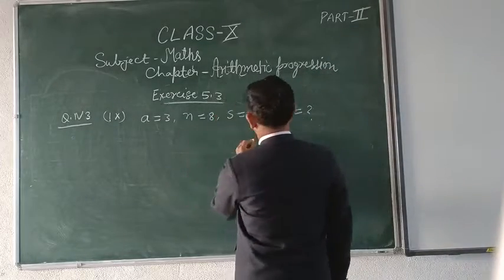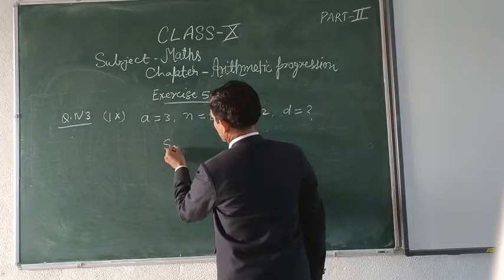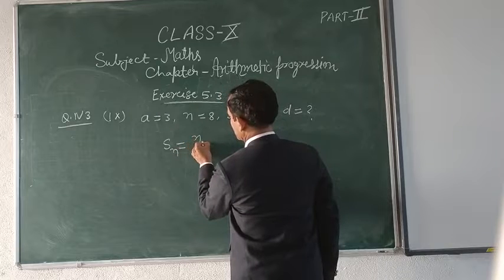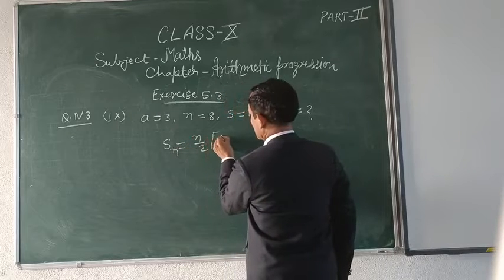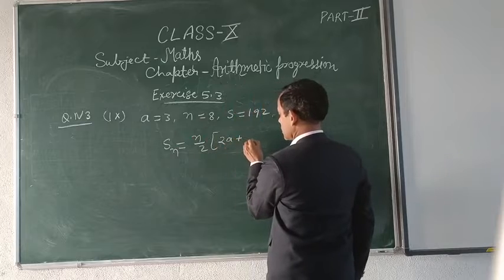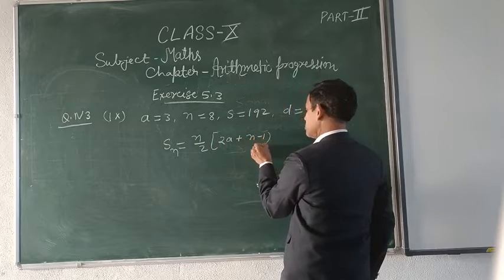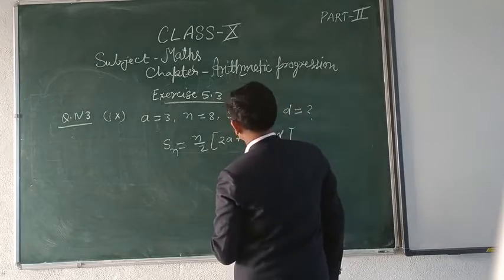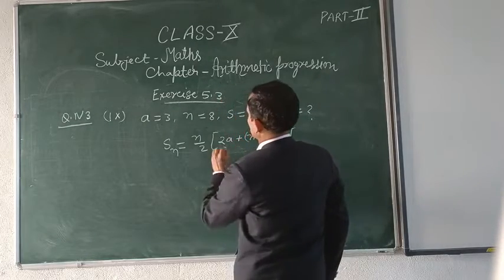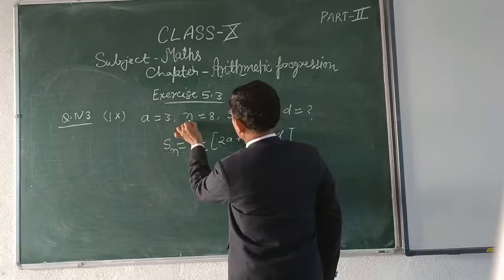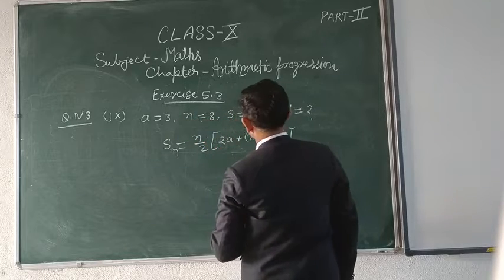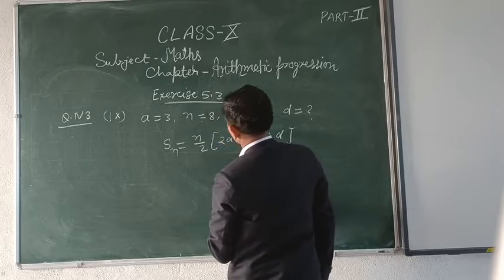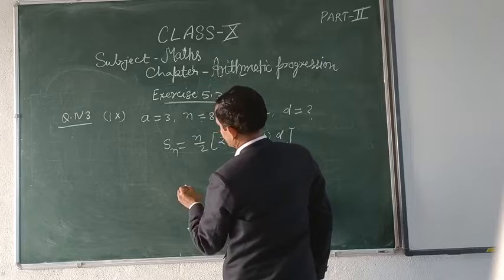It is given Sn equal to n by 2 in bracket 2a plus n minus 1 into d. We know that very well. Here n is already given, so we write 8 in place of n.